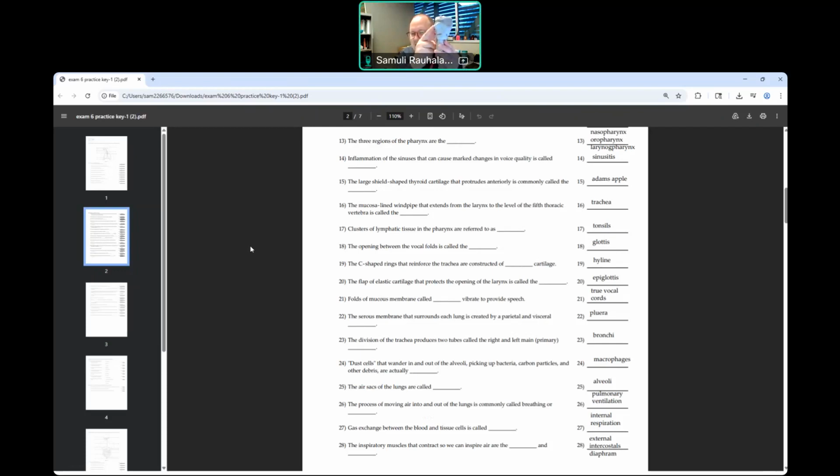This was known in layman's language as the Adam's apple, and in proper anatomical language, laryngeal prominence. Then again, as a reminder, the windpipe was our trachea. Remember, inside of it was lined with these hair-like projections that sweep material upwards, cleaning the lungs.